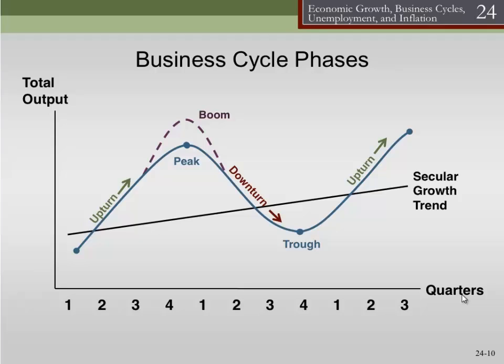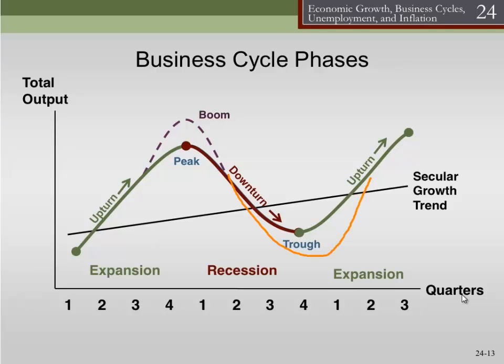Sometimes we have what's called a boom, or a really, really high peak. Sometimes that can also lead to a crash. Really wide business cycles, generally we don't like that.